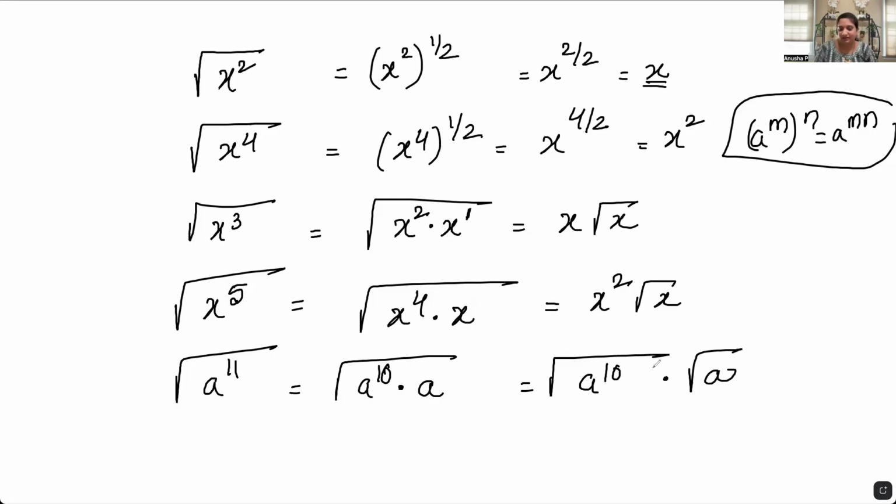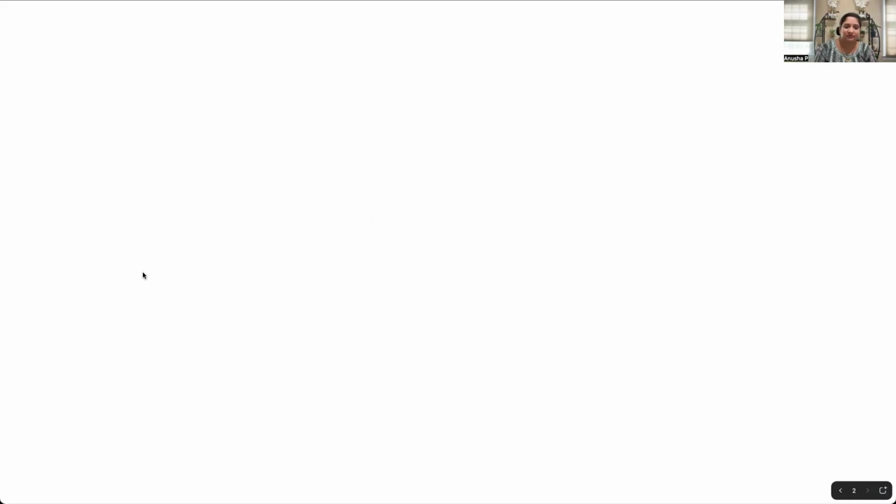We can separate it, and the root of a to the power of 10 is 1 by 2, and 10 divided by 2 is 5. A to the power of 5 root a. So if you have an even number of powers, just divide by 2, and you get the answer a to the power of 5 root a.